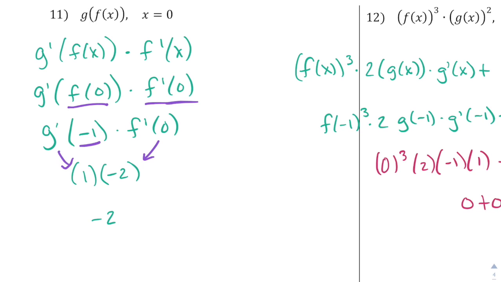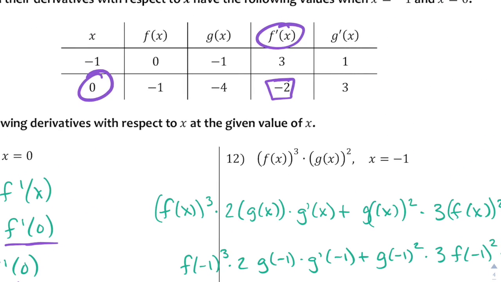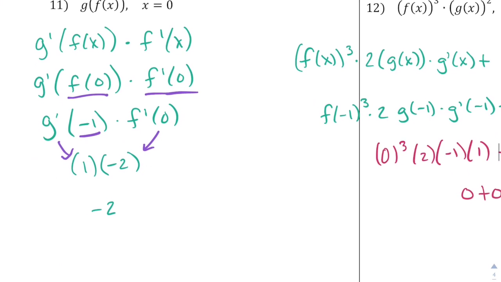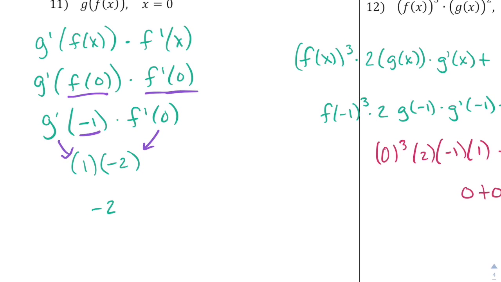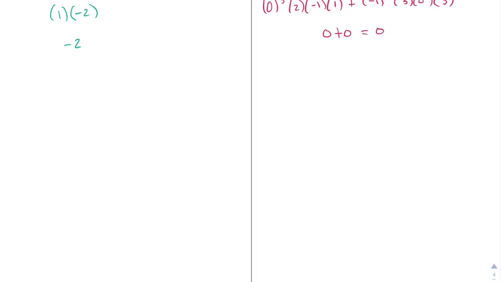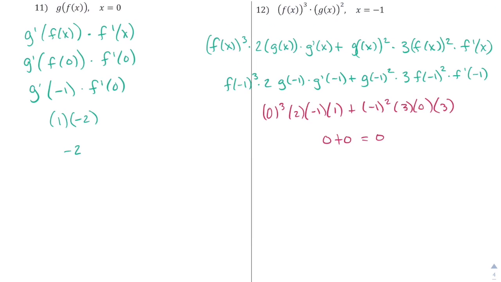Then I rewrote it as g prime of -1 times f prime of 0. And for each one of those now, I write a new line. So g prime of -1 is 1. So I put in 1 there, I put in -2, so the final result is -2. All right, that's my final result. I wrote it down there.